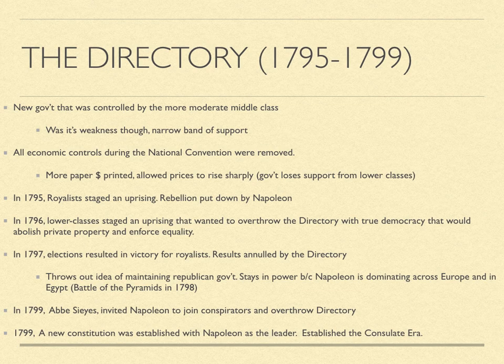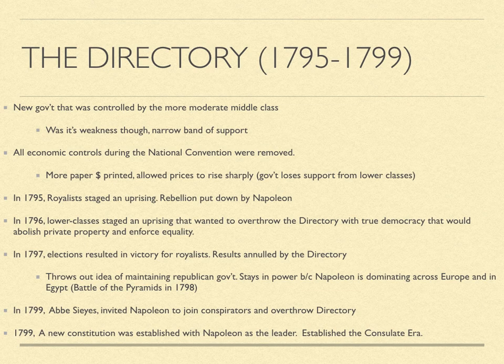It was problematic that it wasn't one way or the other, because you'll see lower classes are going to try to stage an uprising, and royalists are going to try to stage an uprising. So this government was never really very strong, even though it existed for 4 years.